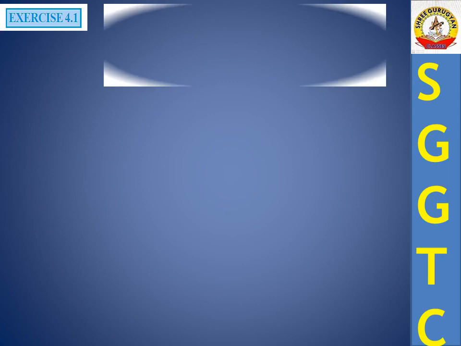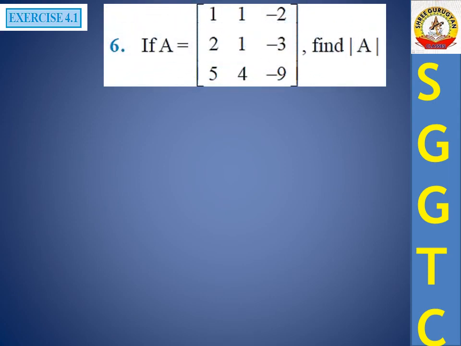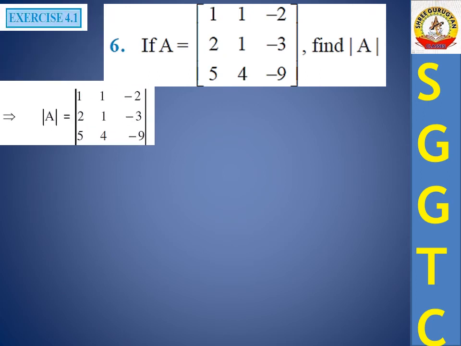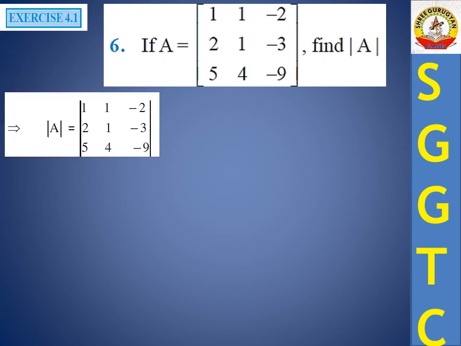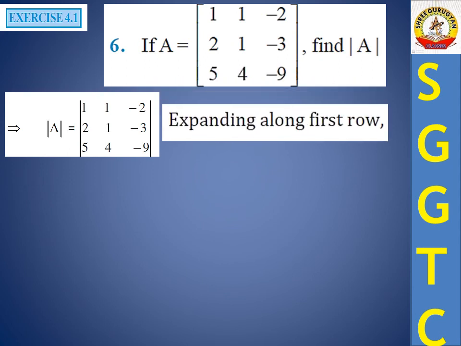Continue. 4.1, question number 6. Given matrices converting into determinants A. This is also the same pattern. So the given matrices I write as determinants 1 1 minus 2, 2 1 minus 3, 5 4 minus 9, and apply the same principle, expanding along the first row. So first row elements I utilize in that pattern.